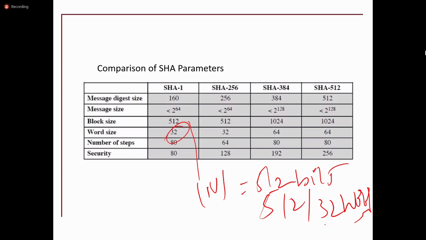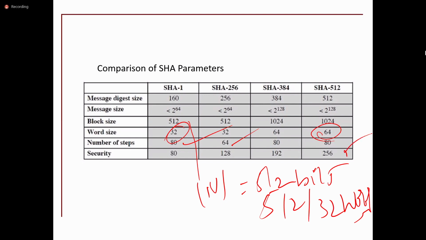Whereas the word size will be considered as 64 bits in the SHA-512 algorithm. And the number of steps is 80. In SHA-256 it is 64, and in SHA-512 it is again 80.